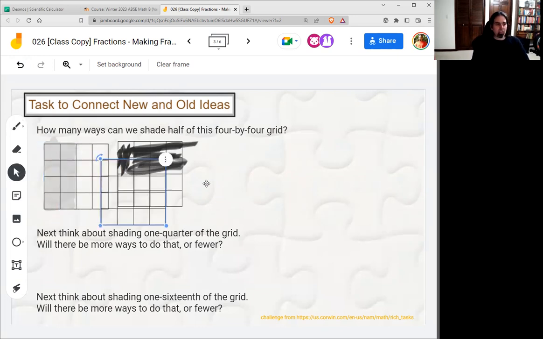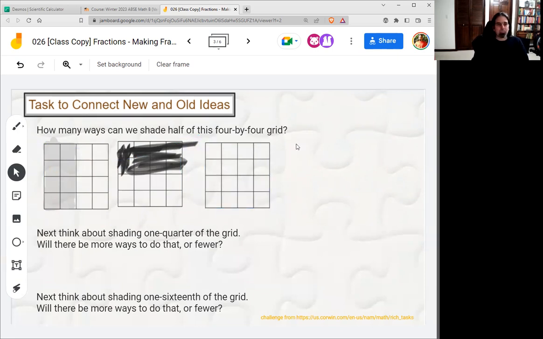What's another way we could shade half of this? Josie did the top 2 rows.